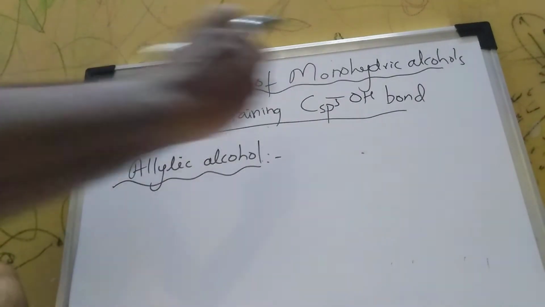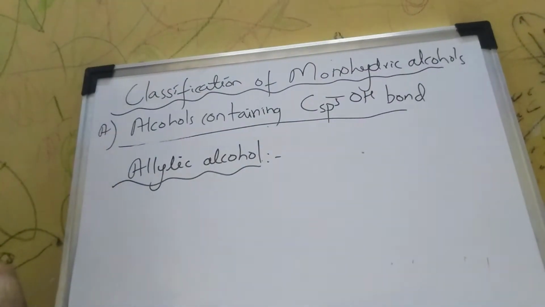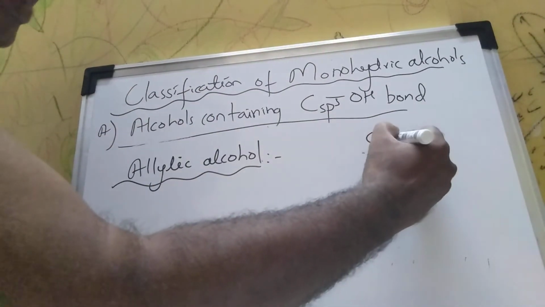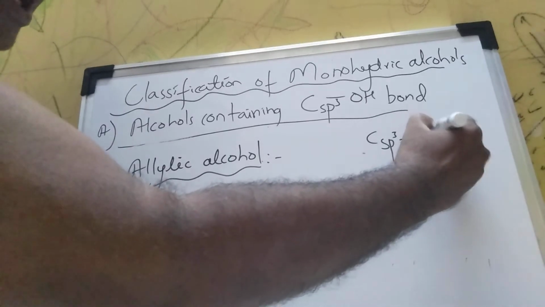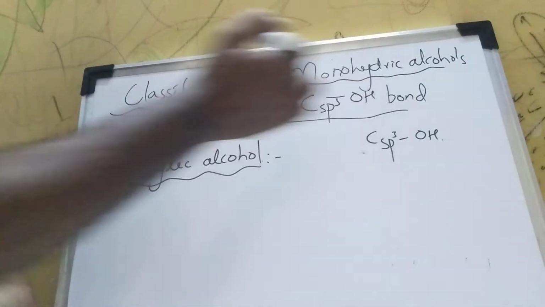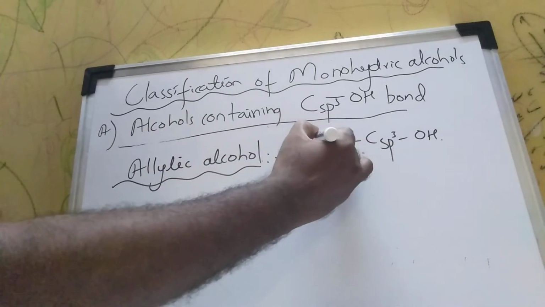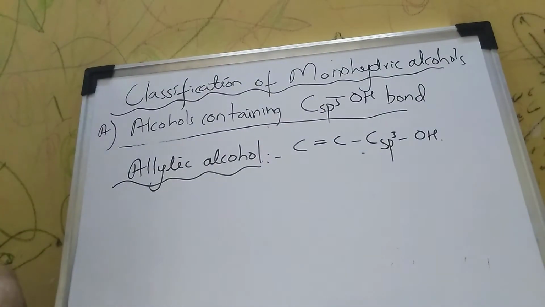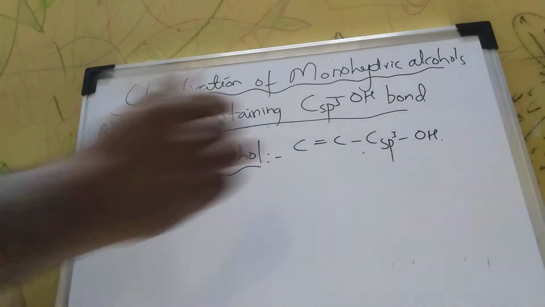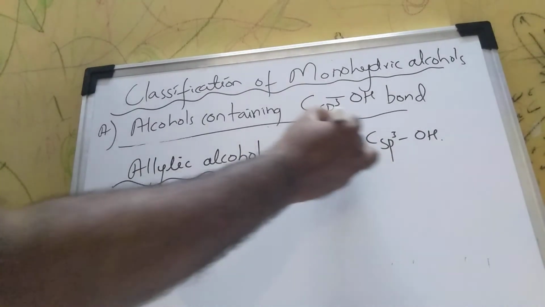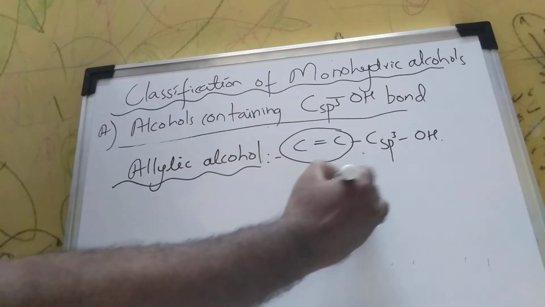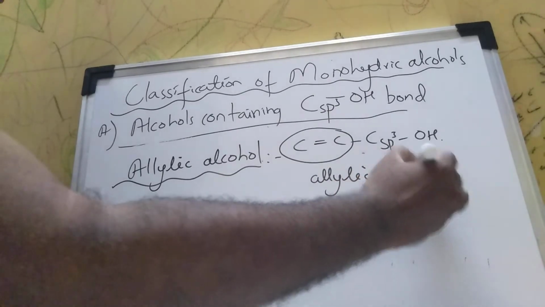The OH group is attached to an sp3 hybridized carbon atom, and the same sp3 carbon atom is in turn attached to a carbon-carbon double bond. This sp3 carbon, in short, is called the allylic carbon.